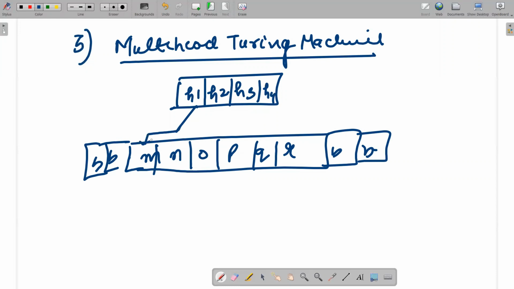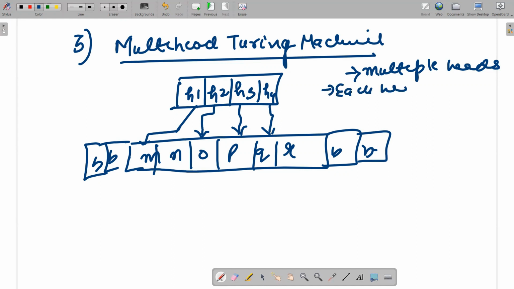So head number 1 is pointing to M, head number 2 is pointing to O, head number 3 is pointing to P, and head number 4 pointing to Q. So there are multiple heads, right? So instead of having a single head pointing to various symbols, we have multiple heads pointing to different variables. So it means multiple heads, right?